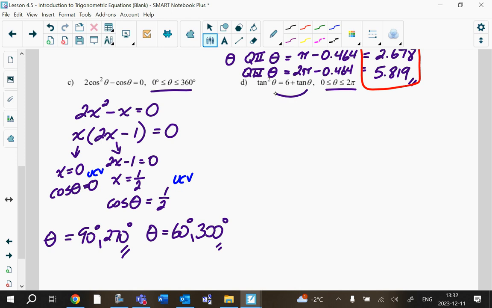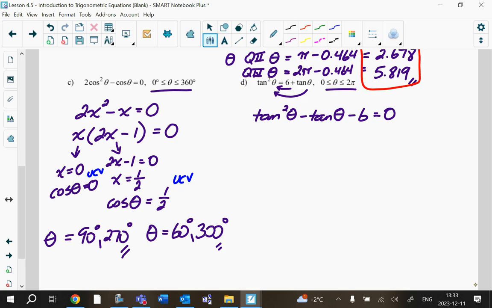I need to pull the tan theta and the 6 over to this side. And when I do that, they become the opposite sign. So tan squared theta, I got to move the tan theta by subtracting tan theta from both sides. And when I move the 6 over by subtraction, I subtract 6.